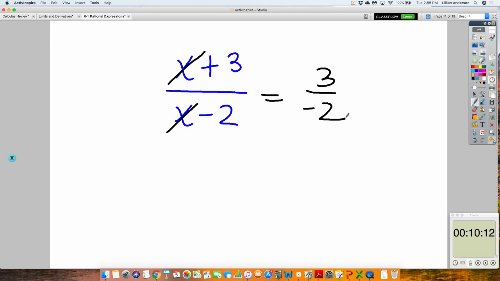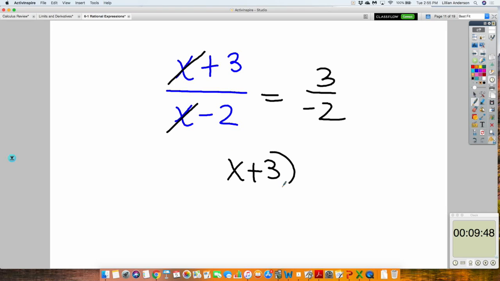Why can I not do that? It is x plus 3 together and x minus 2 together. By canceling out an x, you're basically saying that the common factor between the top and the bottom is an x, and it's not. X minus 2 comes together. You just can't take the x away from the -2.